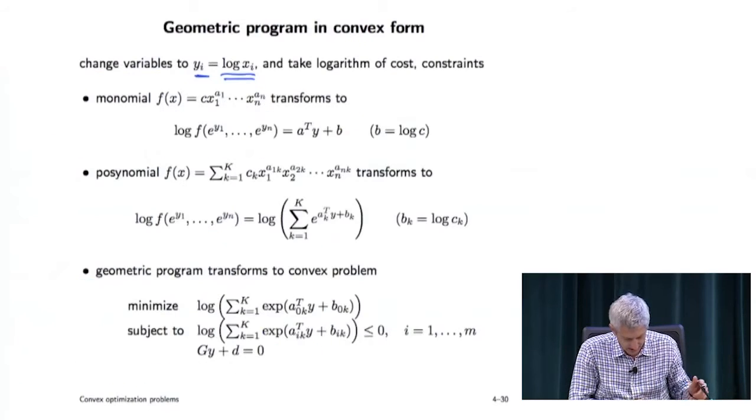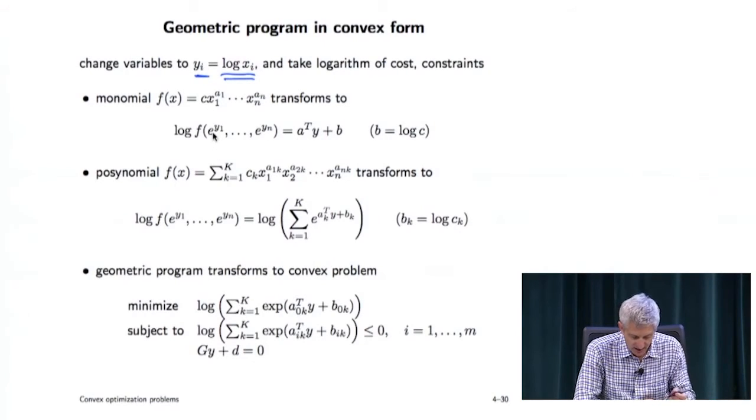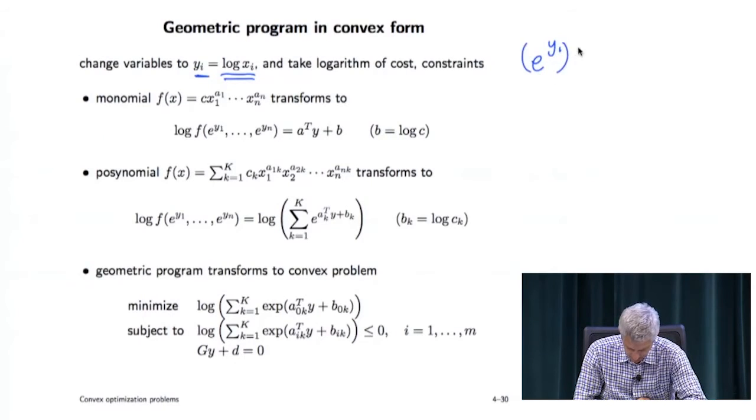Okay. All right. Now, if you take a monomial and you write each xi as e to the yi, and you take a product of e to the yi's, if I take something like e to the y1 to the a1, and I take this product times e to the yn to the an, and I put a c in front of it, that's the monomial expressed in the y variables. But you know what that is?